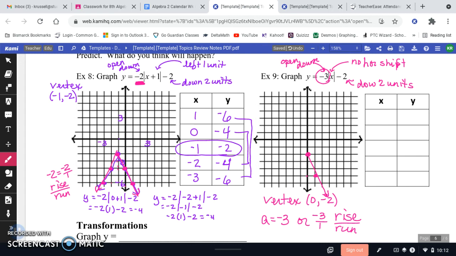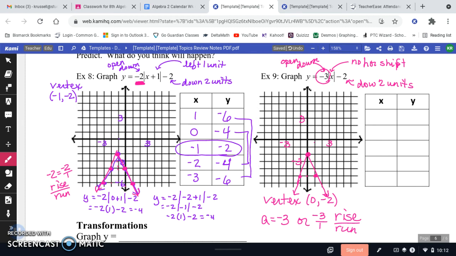If I go down 3 and go the other direction 1, and then do that again, there's the other half of my absolute value. So I just graphed my entire graph, and I didn't do one point in that table.